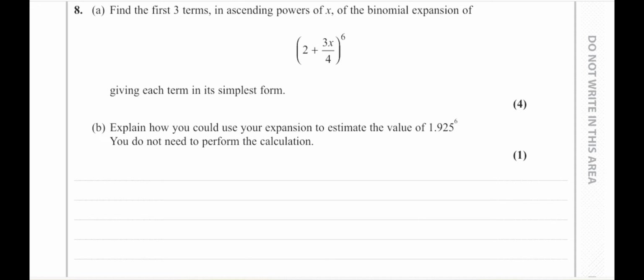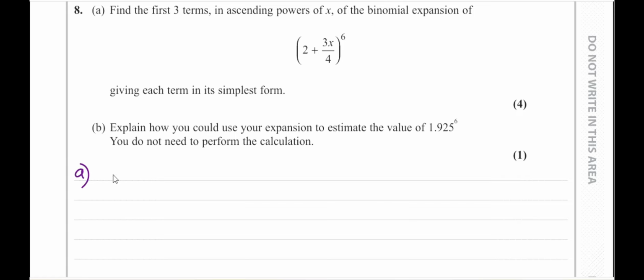Question 8. Find the first three terms in ascending powers of x of the binomial expansion of (2 plus 3x) over 4 to the power of 6, giving each term in its simplest form. The binomial expansion formula will be given to you in the formula sheet.